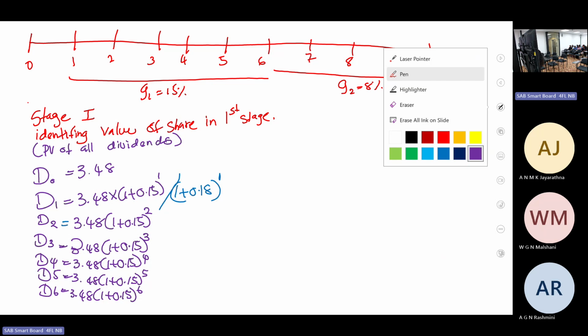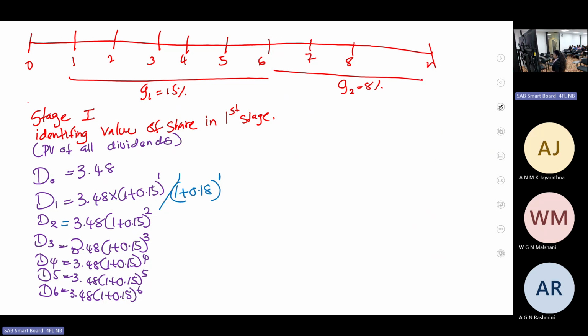Calculating the respective dividends in the respective years is not enough. Therefore, convert those to the present context: divided by 1 plus 0.18 to the power 2, to the power 3, to the power 4, to the power 5, to the power 6.